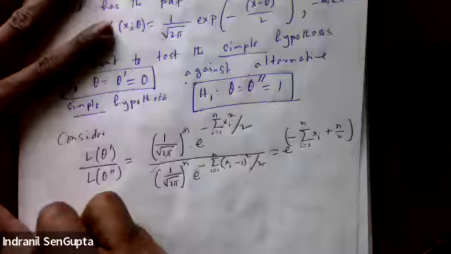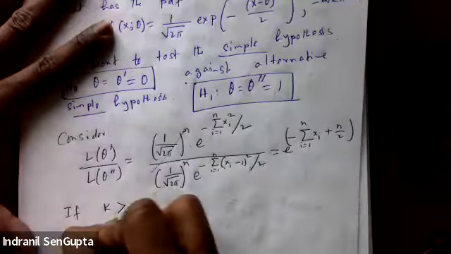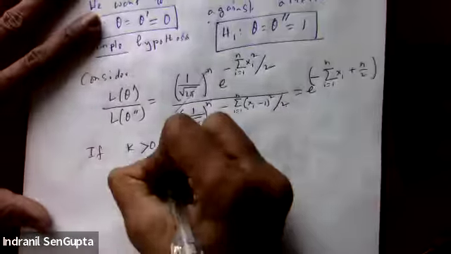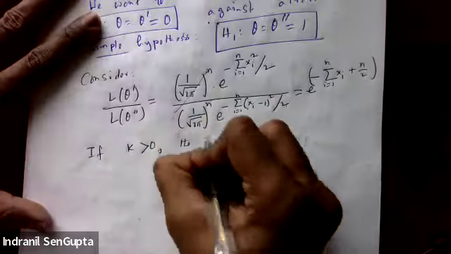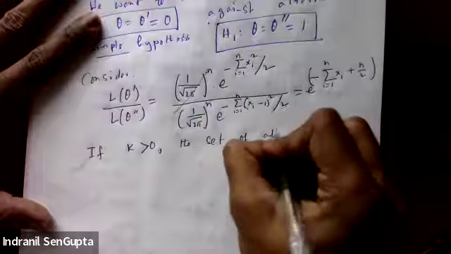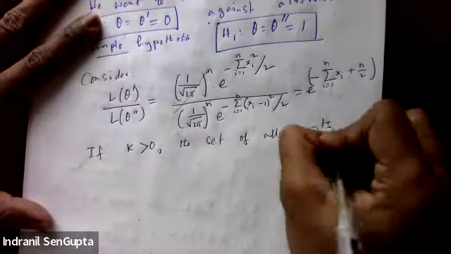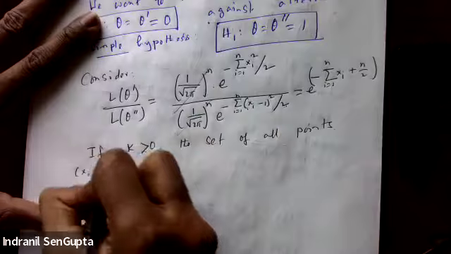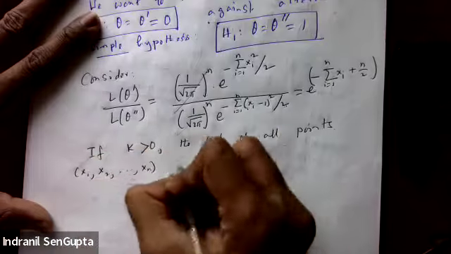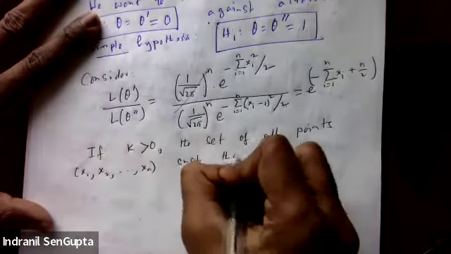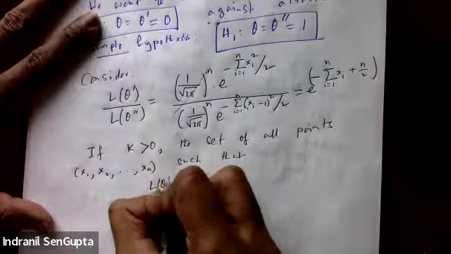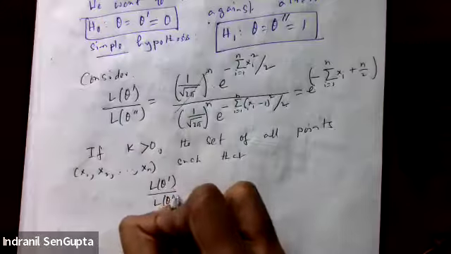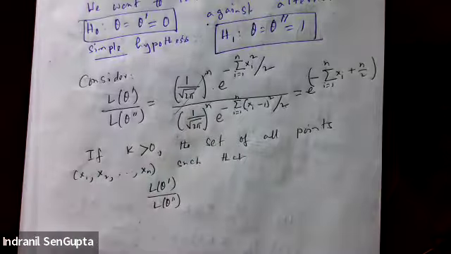Now, if k is bigger than 0, and if I want to implement the theorem, the set of all points x1, x2, ..., xn such that I want this L of theta prime over L of theta double prime, remember the previous theorem, so what do we want?